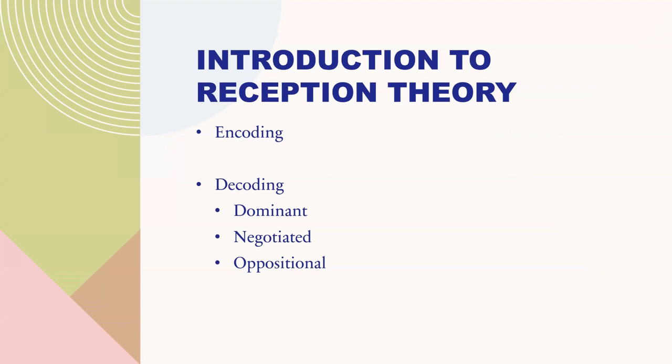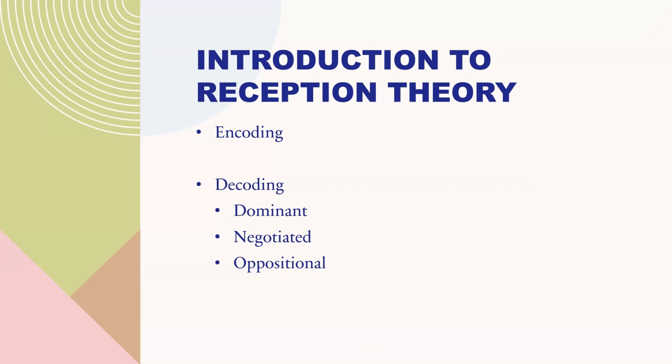Typically, we call this intended message the intended dominant reading. It's what this author or artist is trying to portray, whether it's literal or metaphorical. It's the message they're trying to convey through their medium, whether it's music, a book, this, that, or the other.